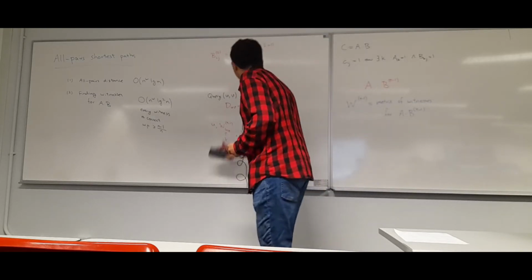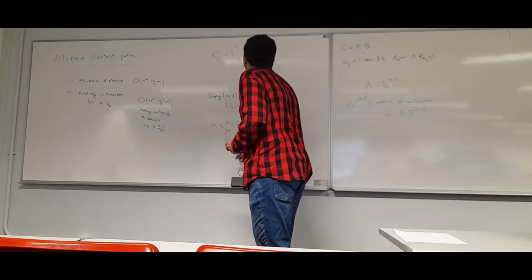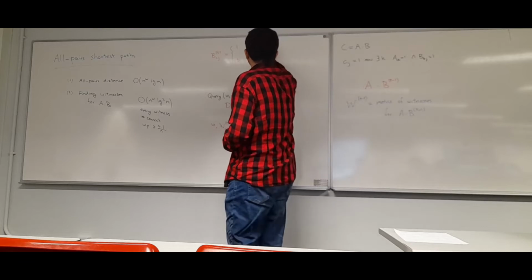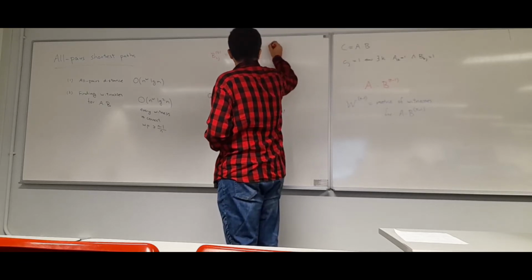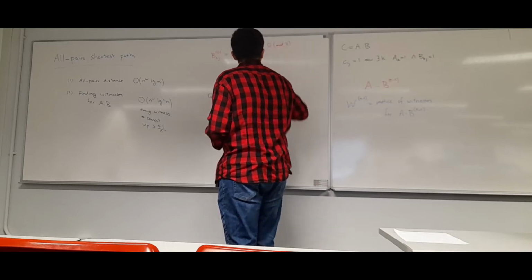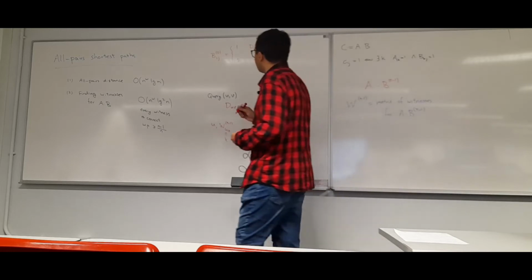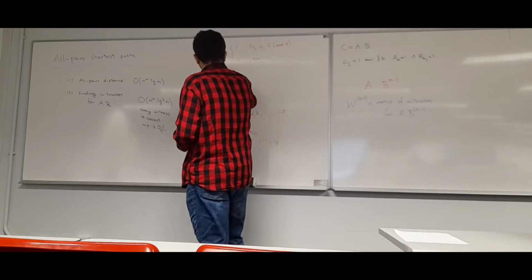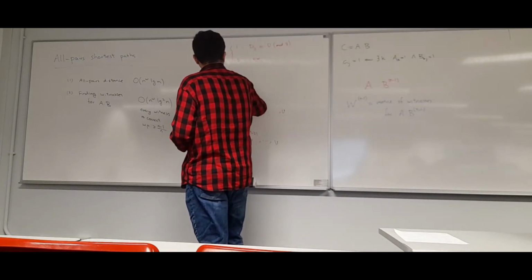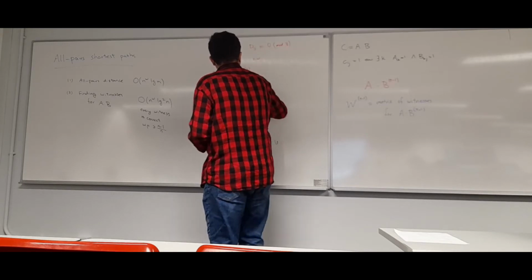Or actually, let me use a more mathematical way of writing this: d_ij is equivalent to 0 modulo 3. And similarly, I can define a matrix called B1 and another matrix called B2. It's again the same.